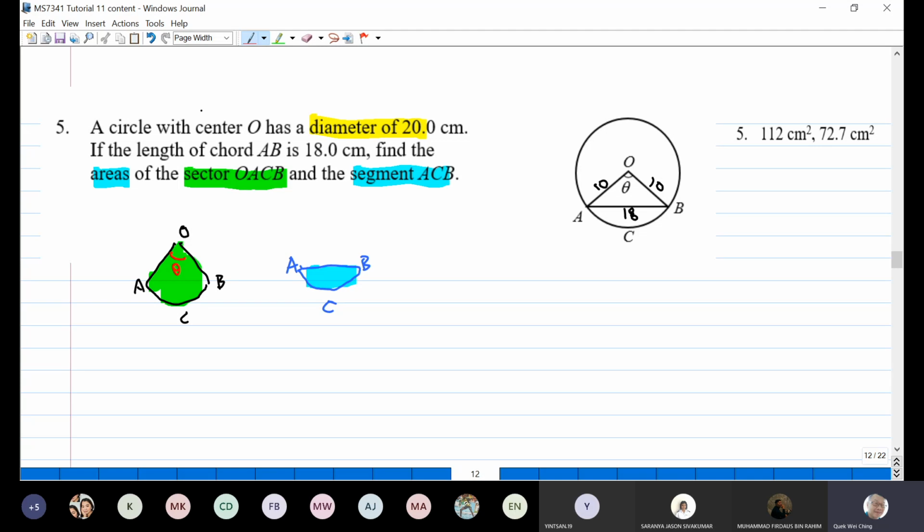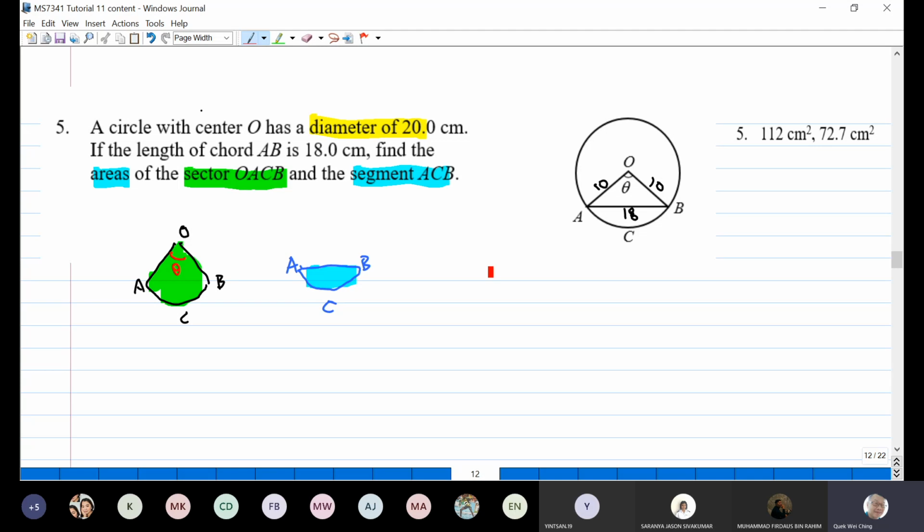Looks like there's a lot of circle here, but we know three sides of the triangle. So we know how to find the area of the triangle first. Let's try to find the area of the triangle first.